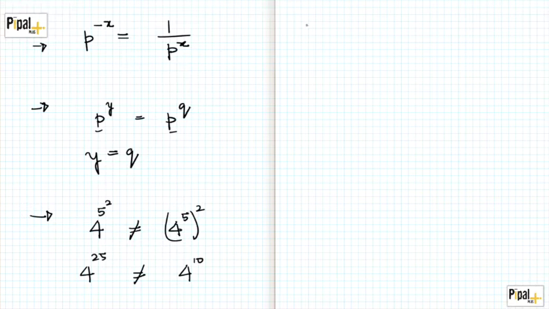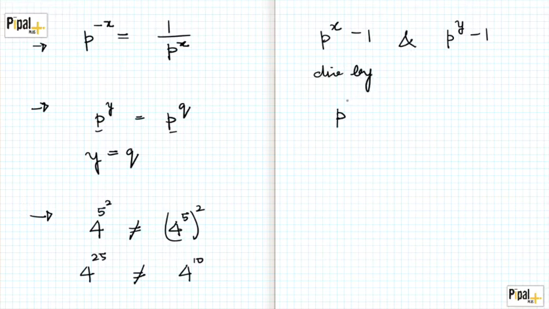Now there's one important result that you must remember. If you are given two numbers of the form p to the power x minus 1 and p to the power y minus 1, then it's very interesting that both of them are going to be divisible by a third number, p to the power HCF of x and y, minus 1.